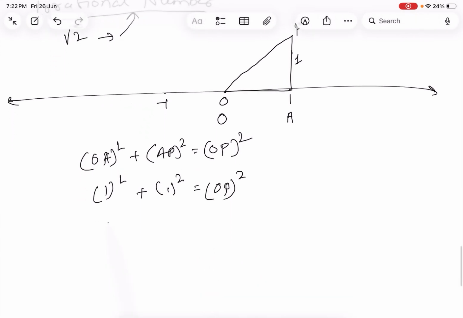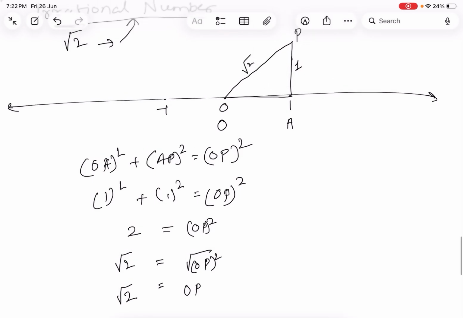This will be equal to 2, which is equal to OP square. Now I have to find just OP. What I will do is take square root on both sides. The square root and the square cancel, and you will get OP as square root of 2. So now the value of OP is square root of 2.